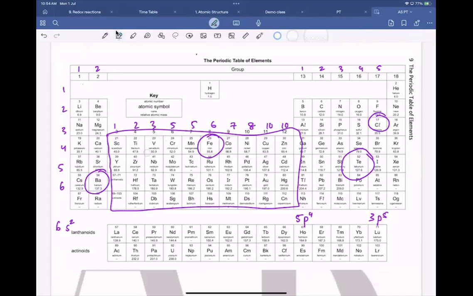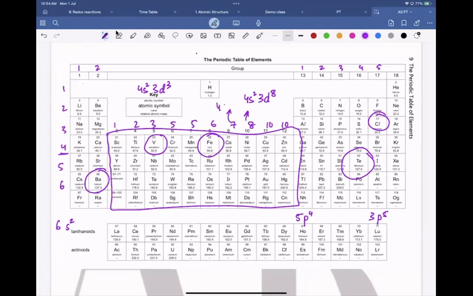So for example, if I have to write its electronic configuration as it's 3, so and its number is 4, it is going to be 4s2, but the D subshell is always of the previous number. So it is going to be 3d3. For example, if I took nickel, it is going to be 4s2, 3d8. If I take copper or cobalt, 4s2, 3d7. Is this understandable?